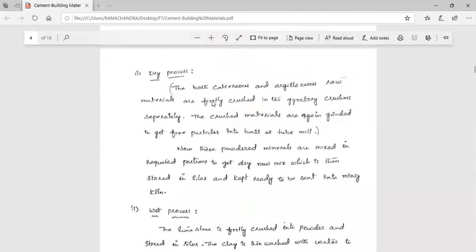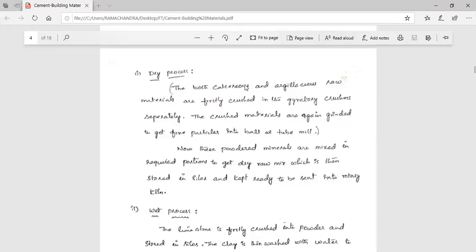So let's see the first one, the dry process. What is meant by dry process? In the dry process, both lime and clay raw materials are firstly crushed. The raw materials we use for manufacturing Portland cement are calcareous matter and argillaceous matter.